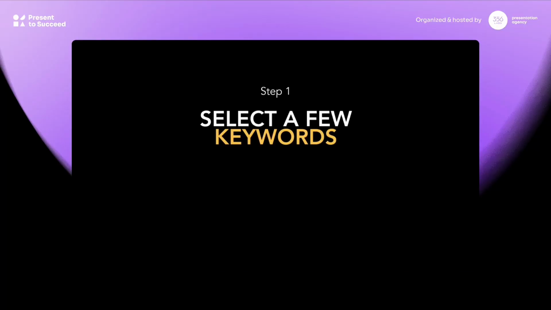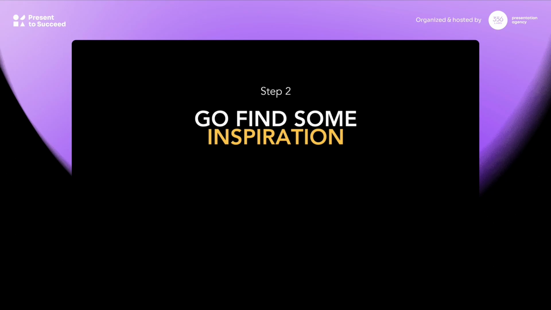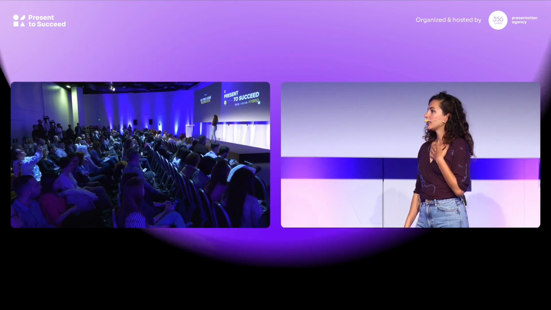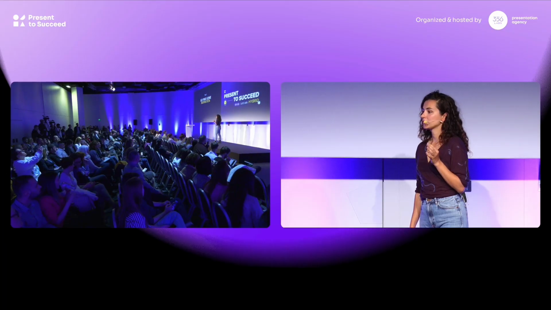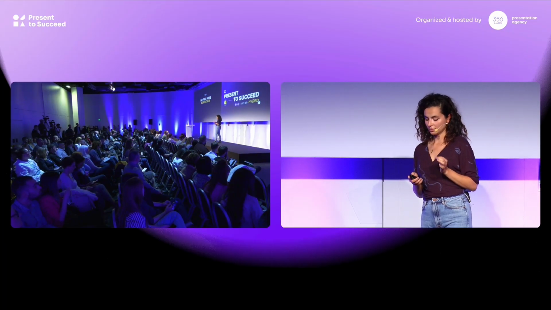And then we go to places like Pinterest, Dribbble, Behance, anywhere you like to get inspiration, and we collect the visual references. So I personally love Pinterest because of its ability to find similar images.